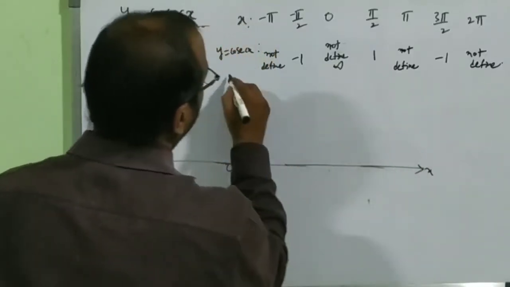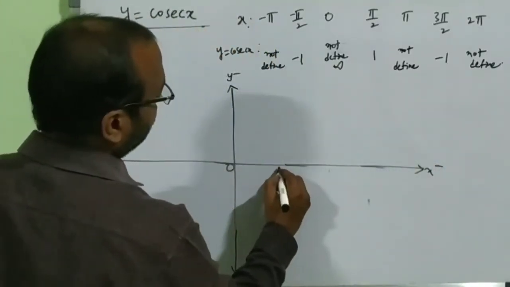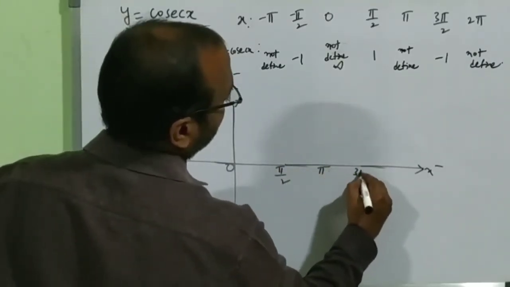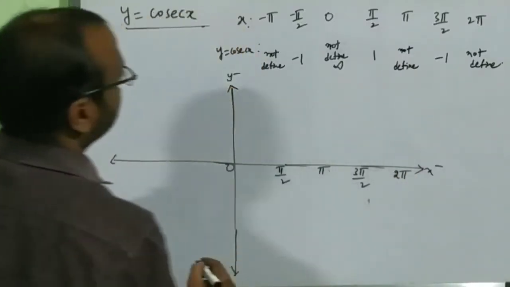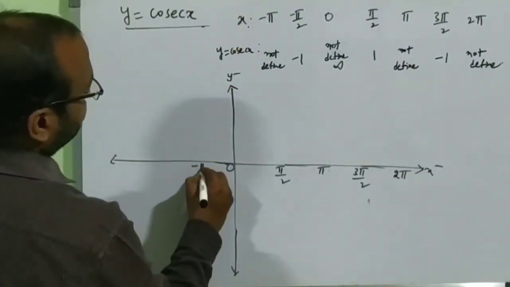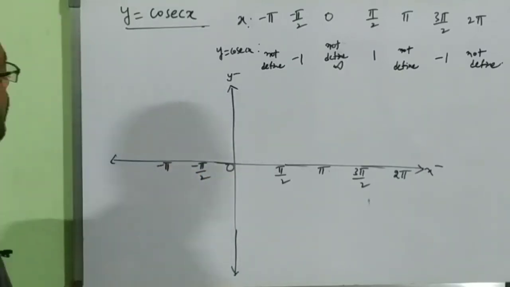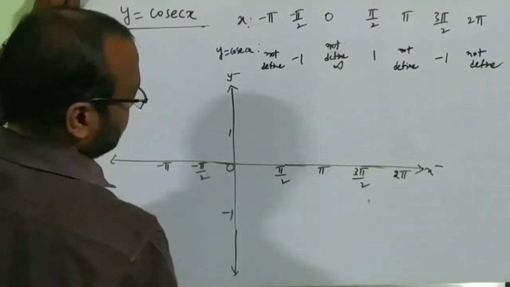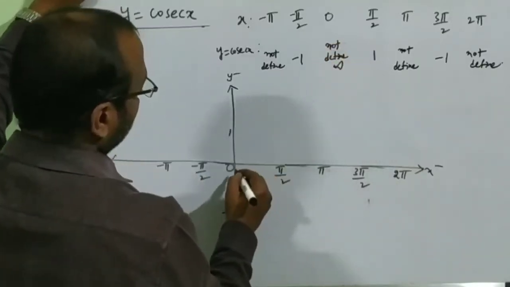On the X-axis and the y-axis, values are 0, pi by 2, pi, 3 pi by 2, 2 pi. This is minus pi by 2 and minus pi. Okay. Now 1, minus 1, like that. Cosec 0 is not defined.